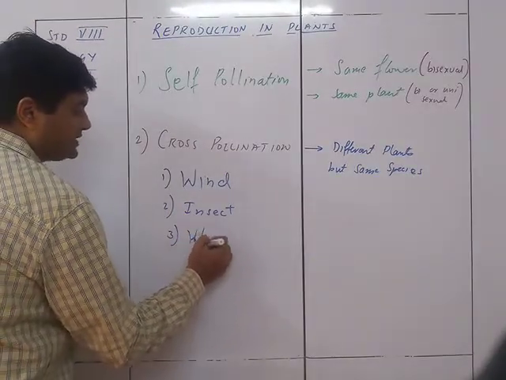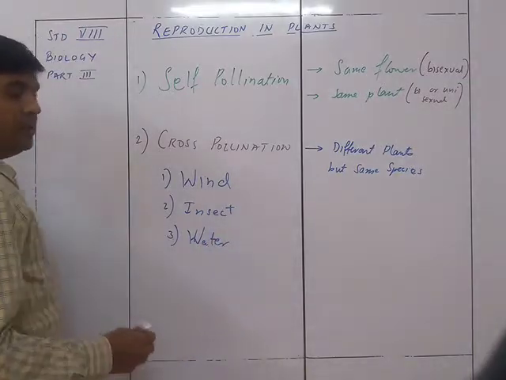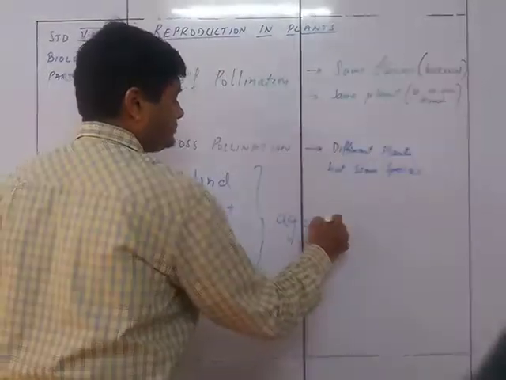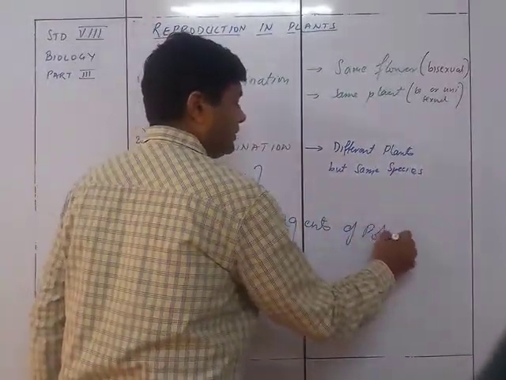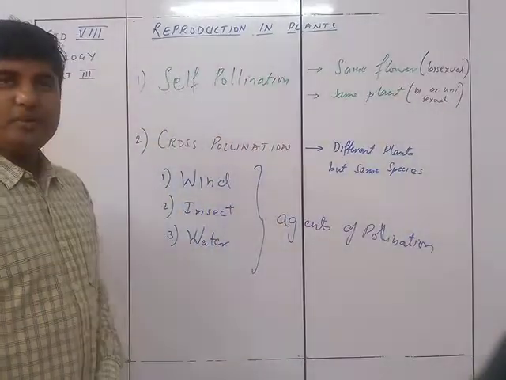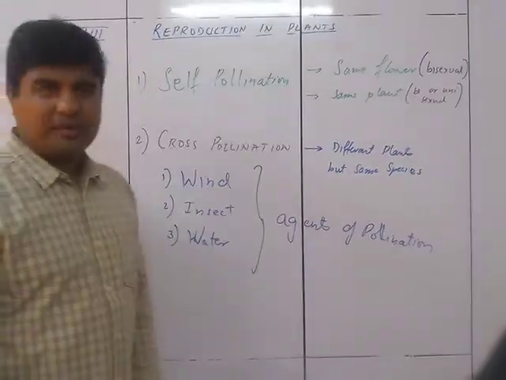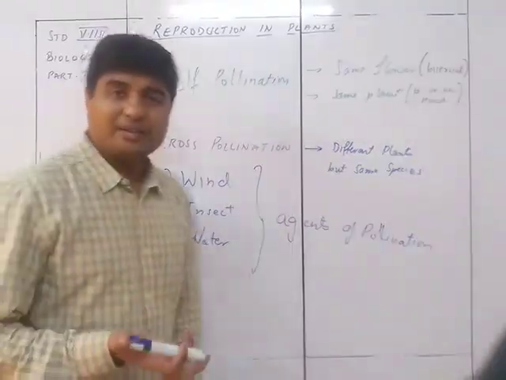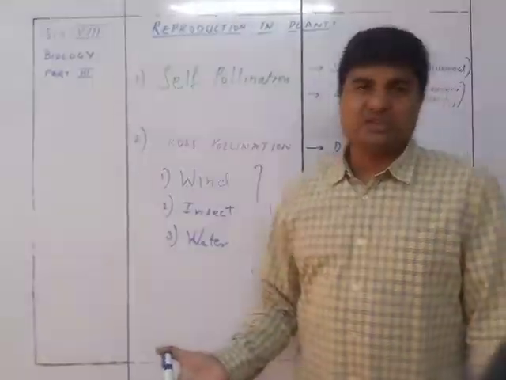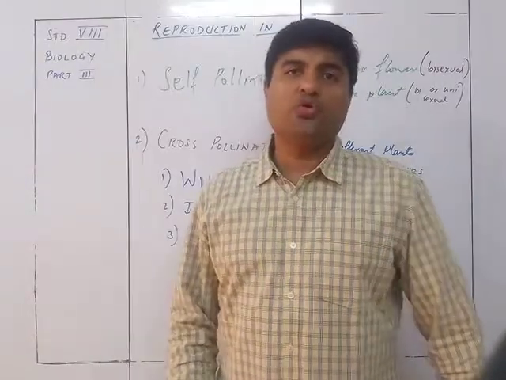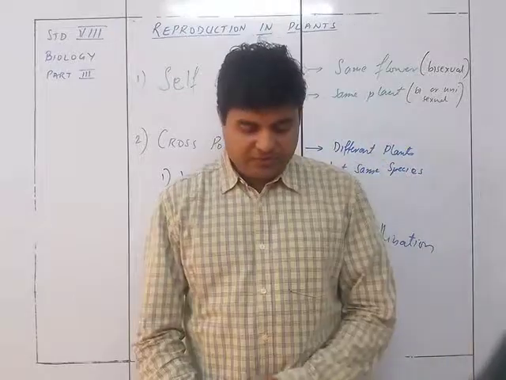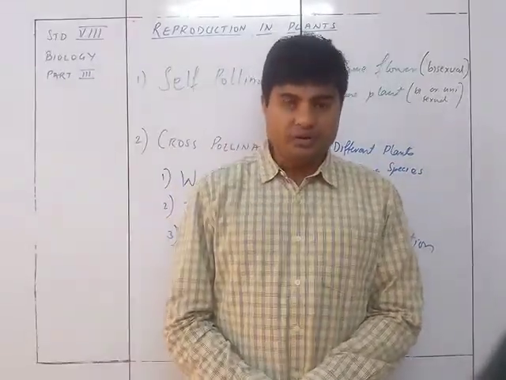Of course these are just the general kinds of agents, we call them agents of pollination. That doesn't mean it cannot have pollination by any other means. There is a possibility of some other means also, but these are the generally found agents which help flowers go for cross-pollination. So we will learn in detail about these different kinds of flowers and their pollination in the next video.